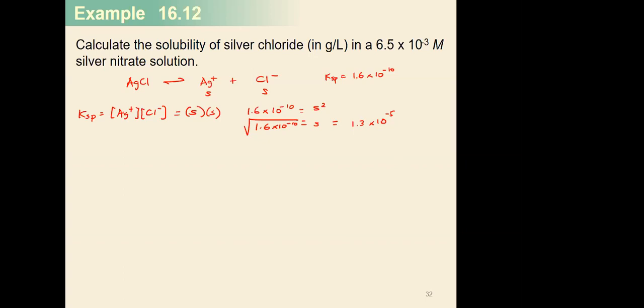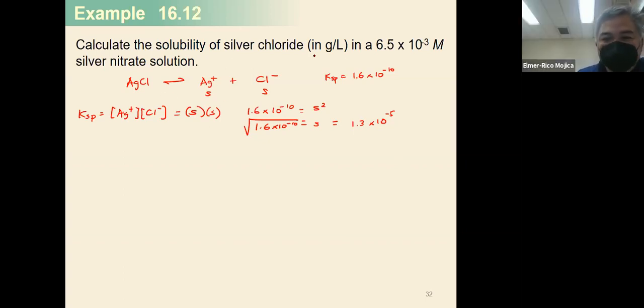Yes, that's right. 1.26 times 10 to the negative 5. Now what happens if you have this one? So this is just in molarity. And if we're going to make it into grams per liter, we're just going to multiply this with 143.4.